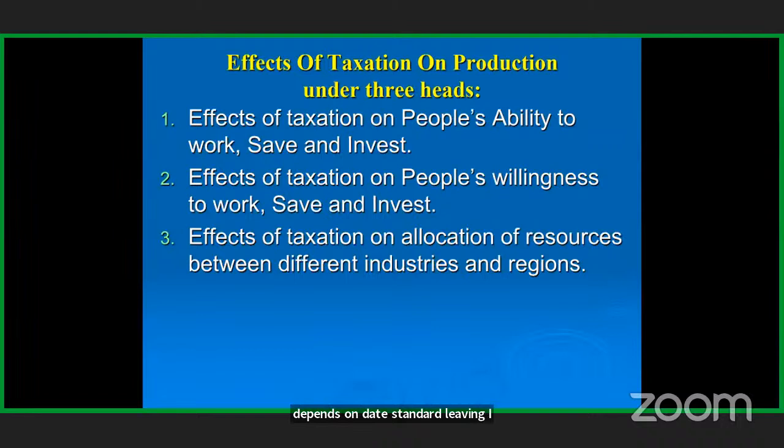When a tax is imposed on the consumer, it immediately reduces the purchasing power of the consumer, due to a part of his income being paid as taxes to the government. Here it is affecting the ability to work, ability to save, ability to consume, ability to invest. In this manner, it also affects the people's willingness to work, save, and invest.